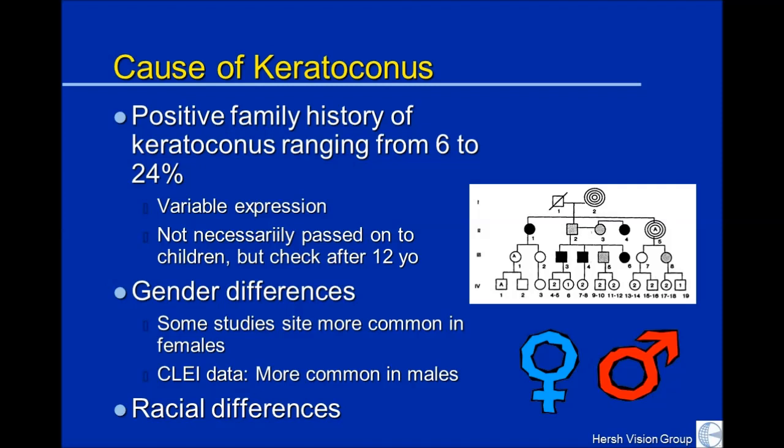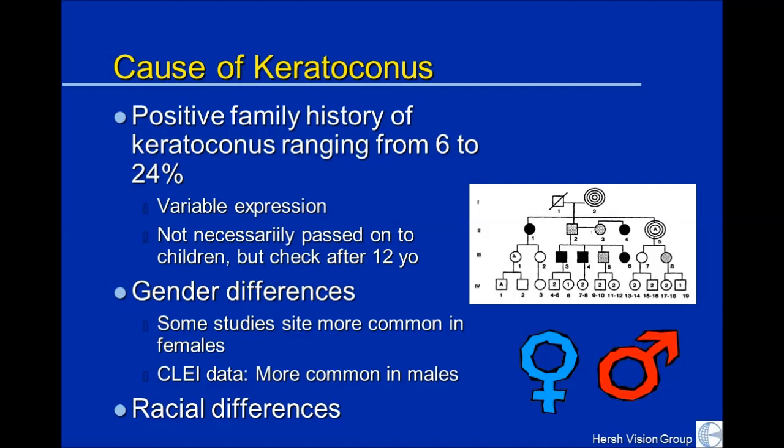It probably is multifactorial and has a variable expression. So if you have KC, not necessarily by any means will your children have it. But I do recommend, if you have KC or your spouse has KC or there's KC any place in your family, to have your children checked, typically after about 12 years old.